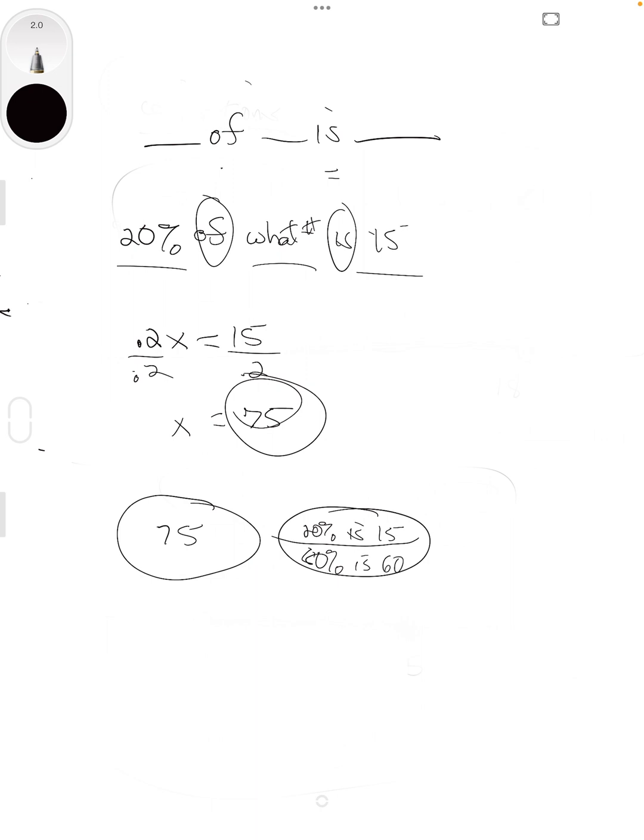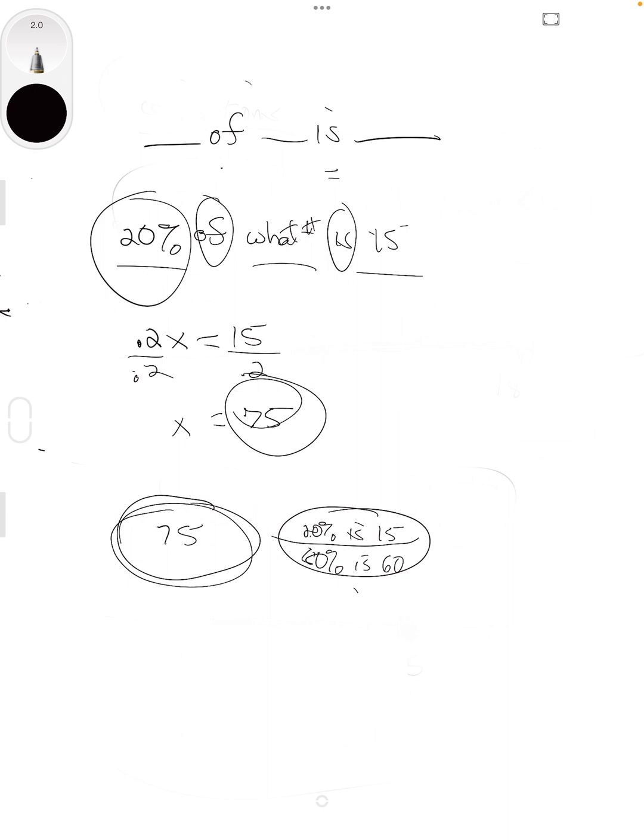That's going to be 60. So there's a new thing that we're adding here, is we're having you visualize stuff. So 20% of what number is 15? Well, 20% is 15. So 20% of 75, that's the whole number. And you could also figure out what the other part is too. 80% is 60. So that's the first thing that you're doing with this lesson is visualizing.